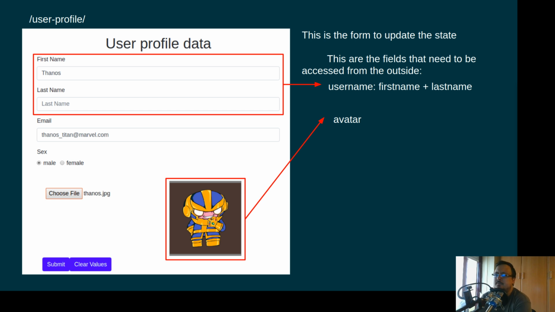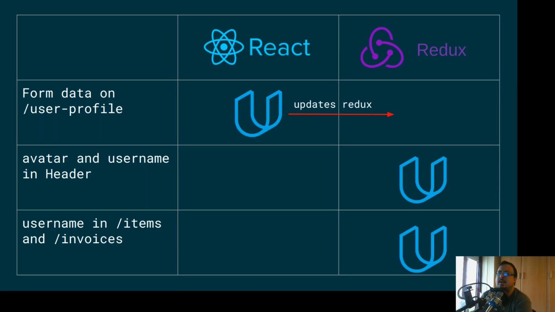So for thinking about this, this is the idea of where we should put the states of things. The data from the form on user profile should go into React, because we don't want it persistent afterwards.